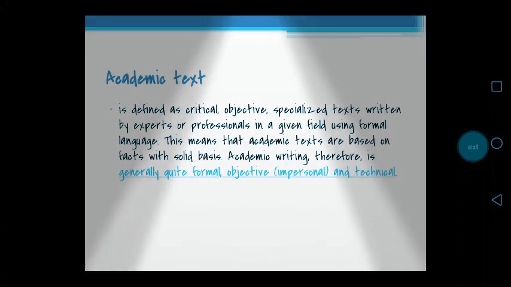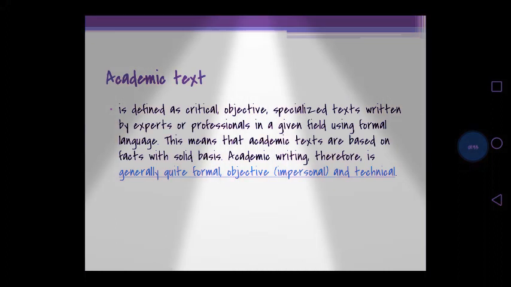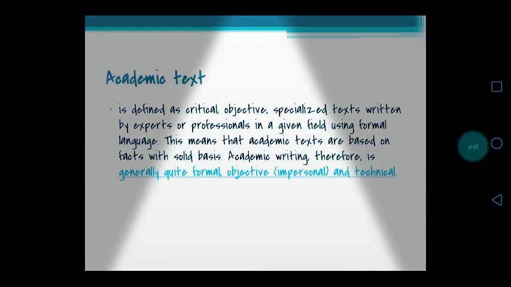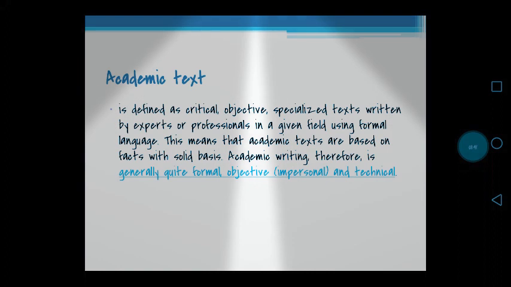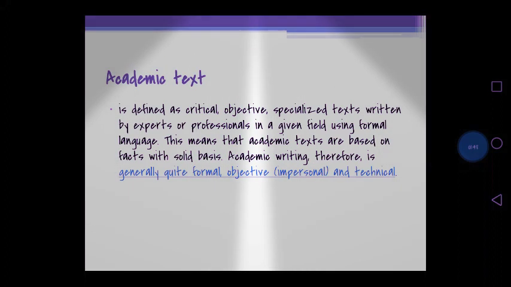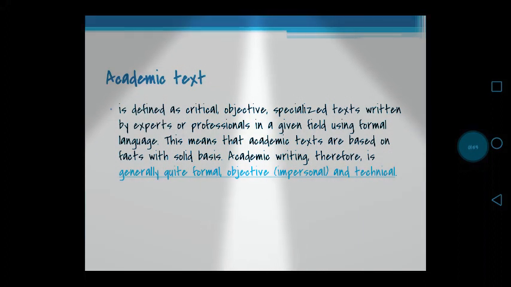So first, let us define what is academic text. It is defined as a critical, objective, specialized text written by experts or professionals in a given field using formal language. This means that academic texts are based on facts with solid basis.